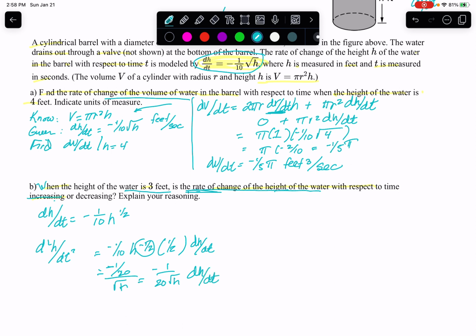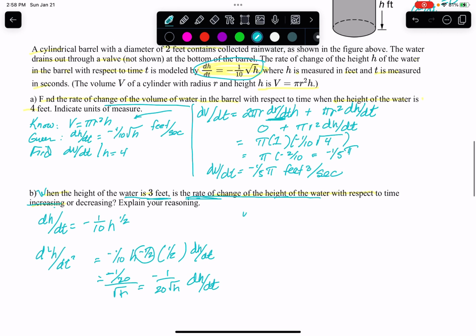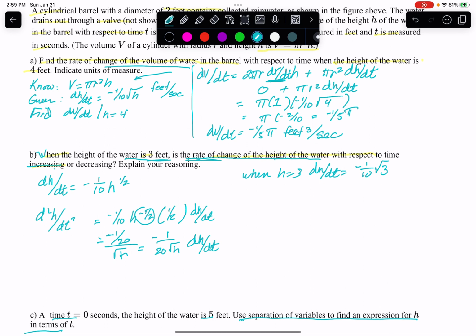All right, let's figure out dH dt when the water is 3 feet. So when h equals 3, dH dt is equal to negative 1/10 square root of 3. So this would be equal to negative 1 over 20 square root of 3 times negative 1/10 square root of 3.